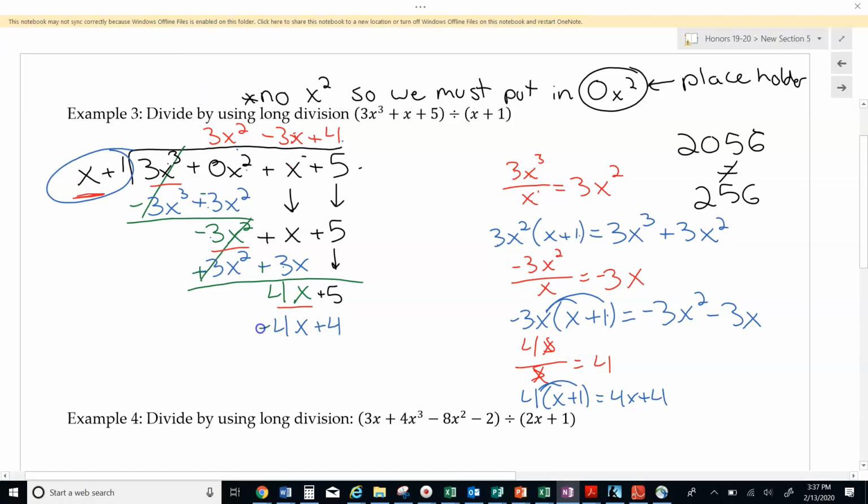Subtract means changing your sign. 5 minus 4 is 1. We don't really have anything else to break down. This is now a smaller degree than x. I can't do 1 divided by x, so I'm done, and this is my remainder.